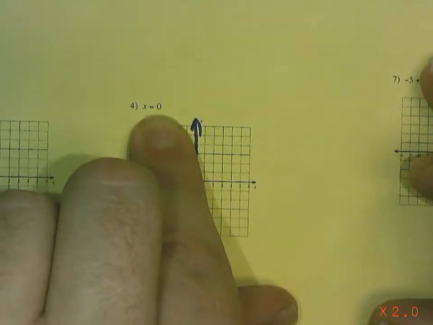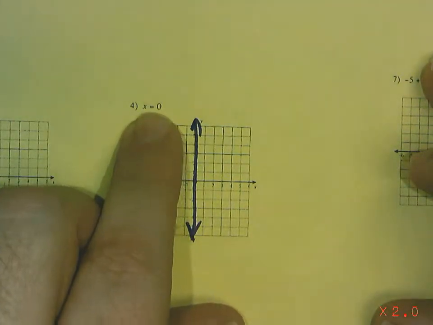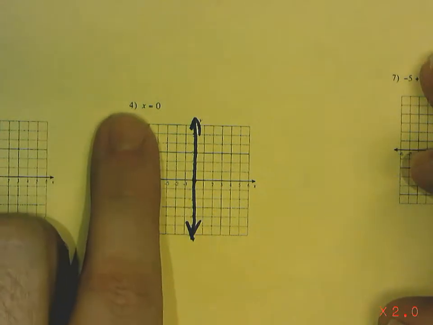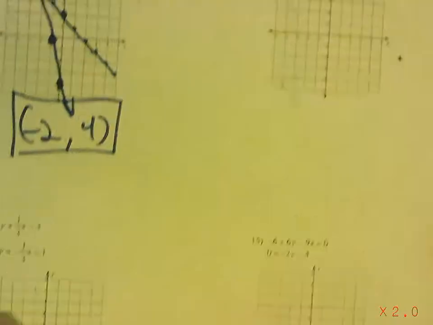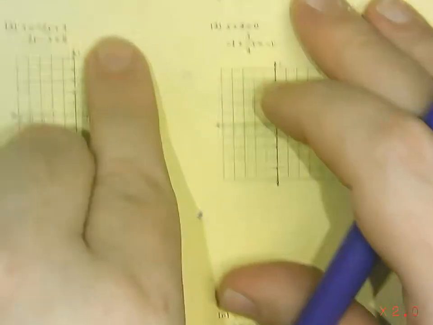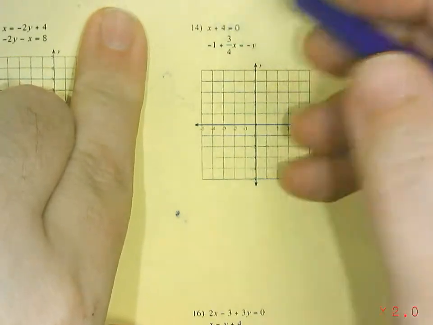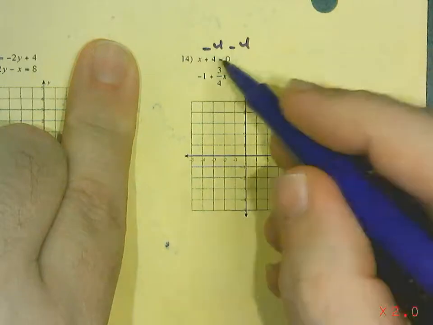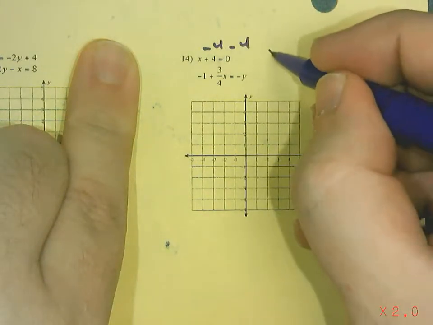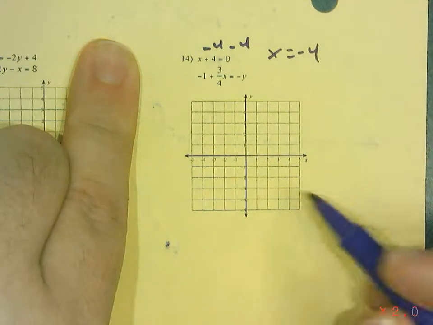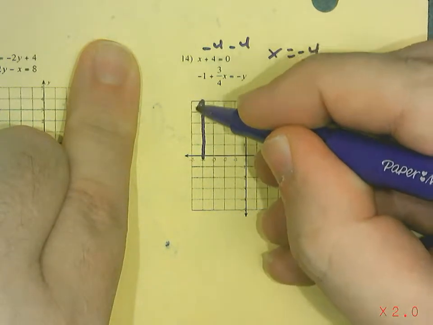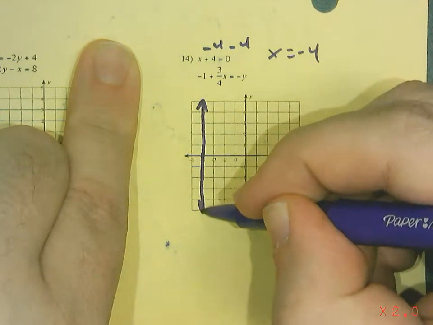And it's my undefined type line, right? So if there's no y, that means it has to be an undefined type line. In which case I need to get the x by itself to figure out where my undefined line is. So to get the x by itself, I would just subtract 4 from each side. -4, and that's going to give me x is equal to -4. So x is equal to -4, that means the undefined line is going to be at -4 on the x-axis.